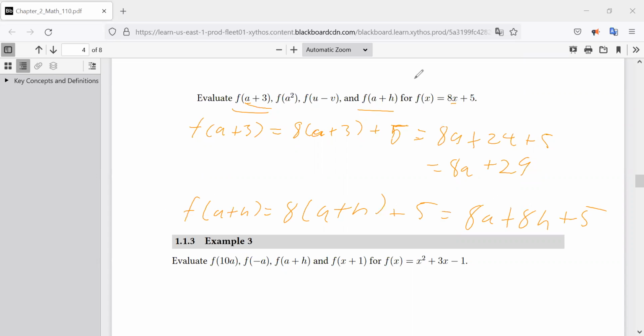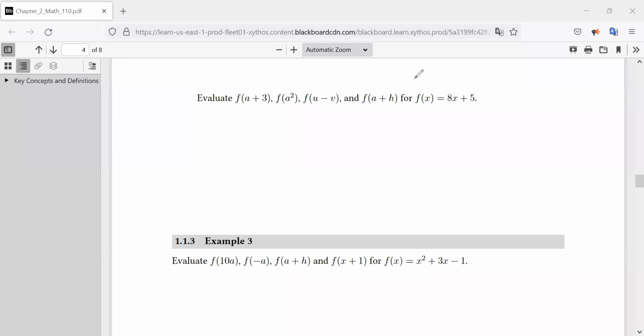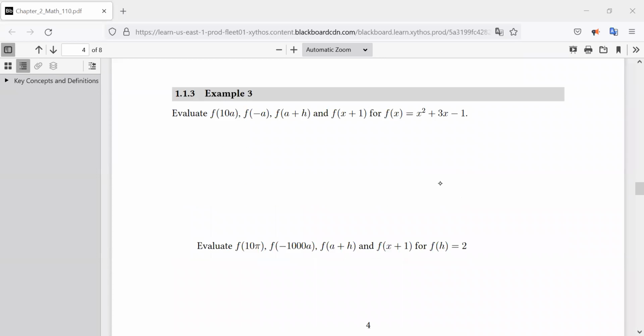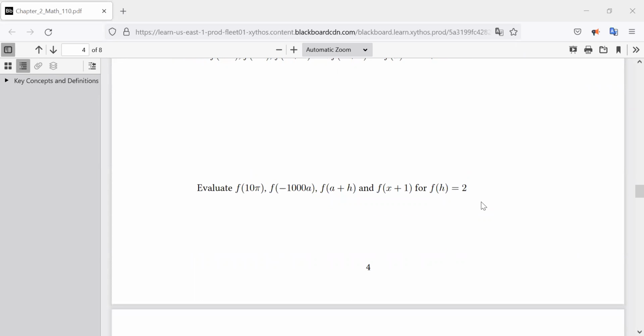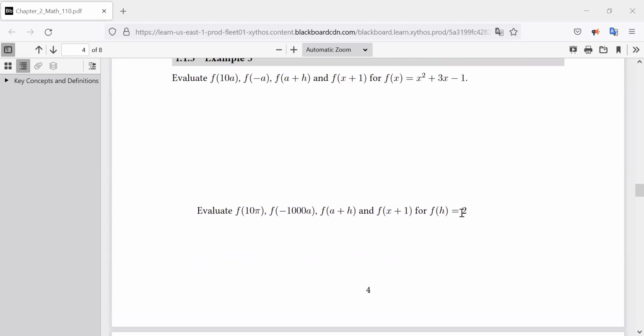And you guys can do the other two. This one is kind of similar to what we did earlier with the f of 3, like everything was 3. You're going to get the same basic rundown for this guy.